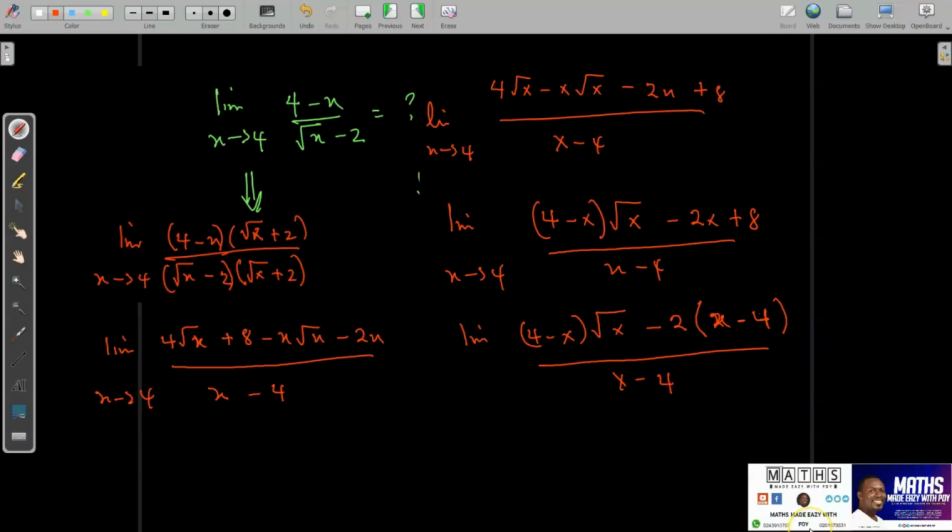It's supposed to be minus 4. Then you write root x minus 2 in one bracket, and then x minus 4 in another bracket, divided by x minus 4.